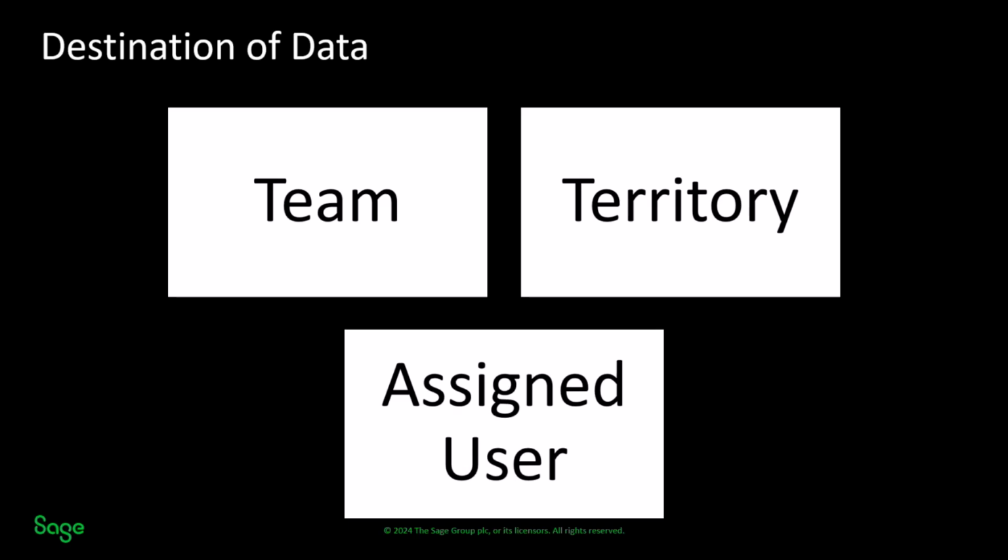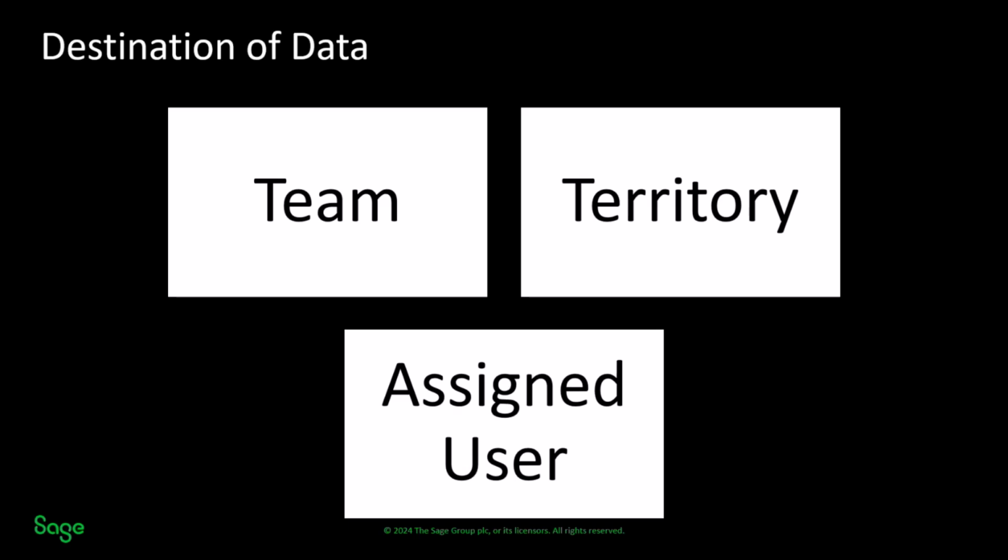So if we're thinking about our lead upload, then we know that we have to assign the new records. We can assign the records to either a new user, to a team, and put it into a particular territory. Now, this data can come from the spreadsheet or the CSV file that you're uploading yourself, and we will see that in the next example that I show you.